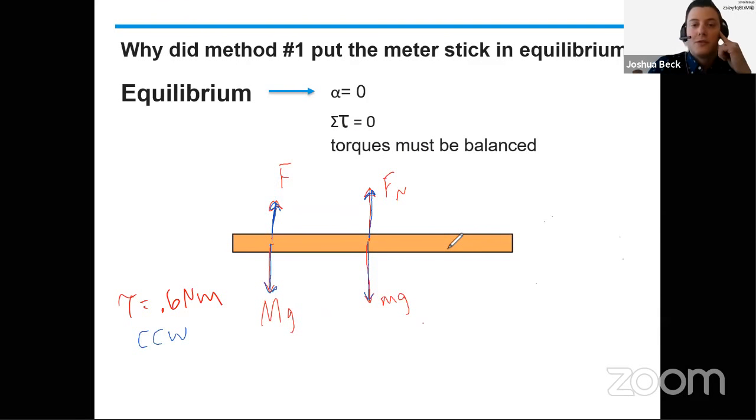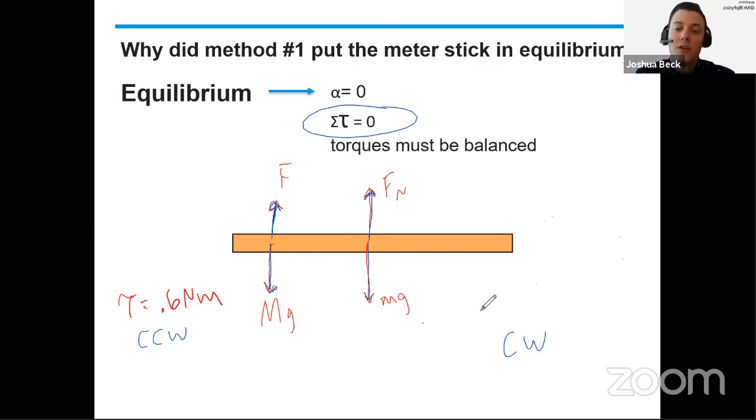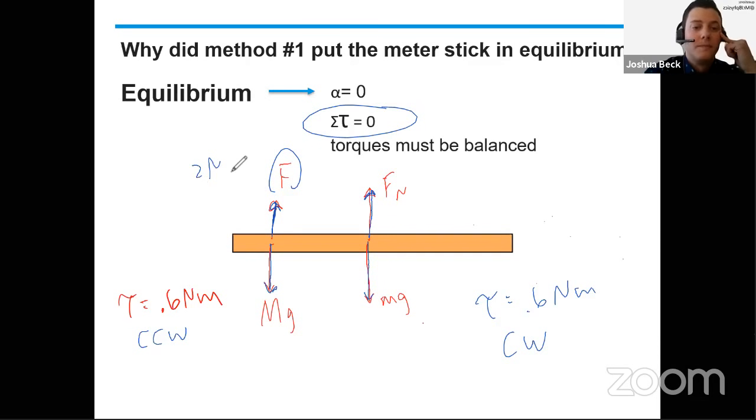So in order to get our torques balanced, to get our net torque equal to 0, I need to create a clockwise torque that is also equal to 0.6 Newton meters. I don't know if you remember what this force was when we just had it on the video screen. This force was 2 newtons, and the R value where that force was applied was 0.3 meters.